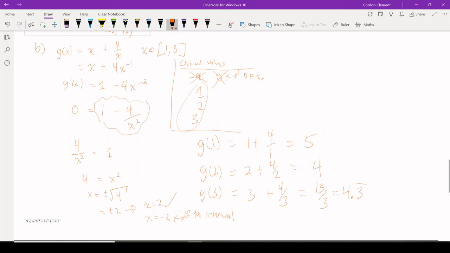Okay, so now our conclusion. Max 5 and the min is 4.